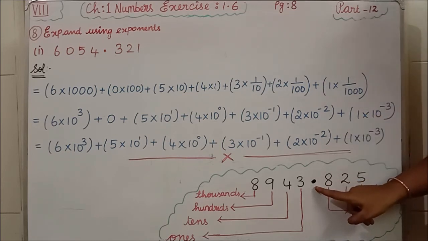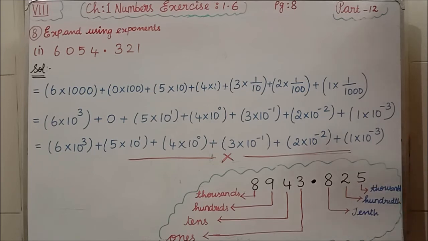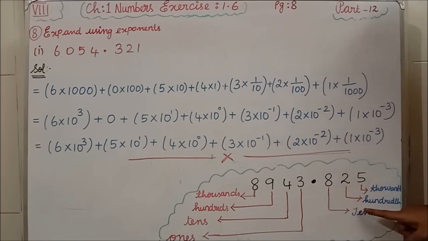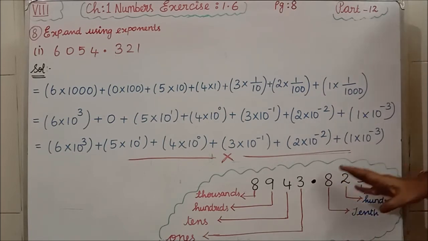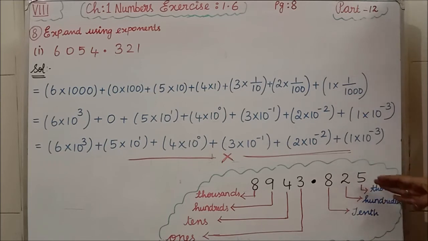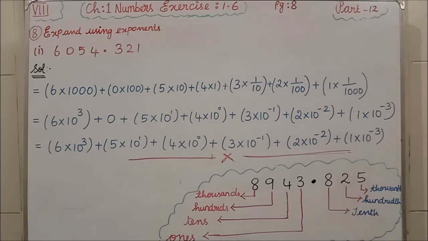After the decimal, you have to say tenth, then hundredth, then thousandth. Like that you have to say. Now all of you clear about the place value before the decimal and after the decimal? Yes. Now we will start the solution.